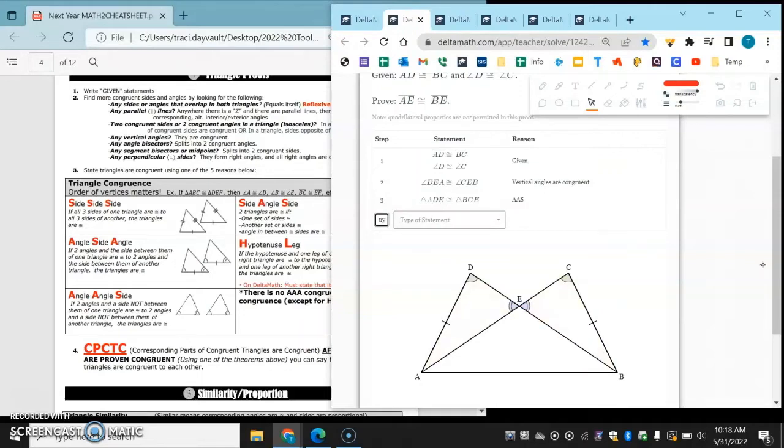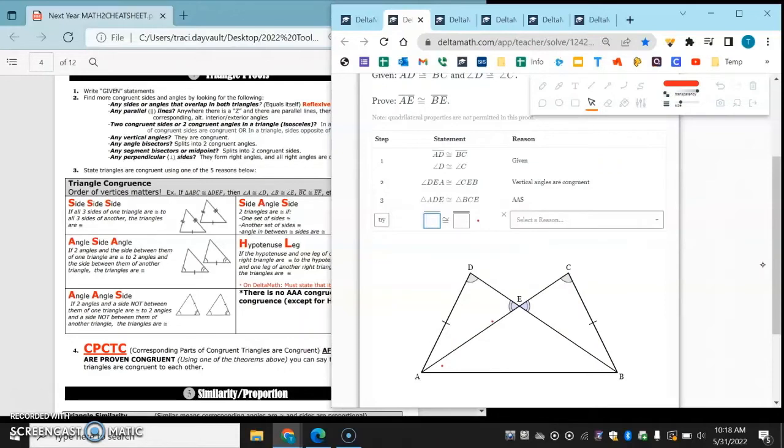All right, next, now that I know that these two triangles are congruent and it's asking me to prove that AE and BE are congruent, those are parts of the two triangles that we just found out are congruent.